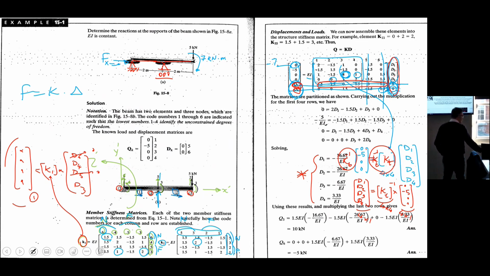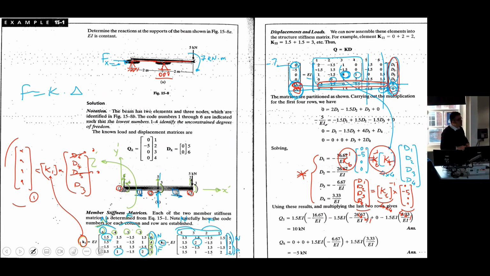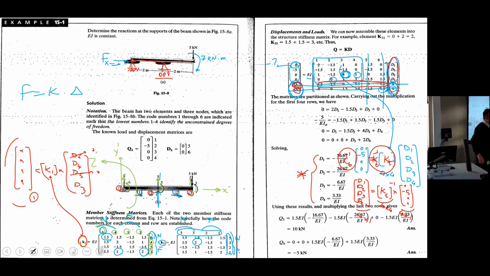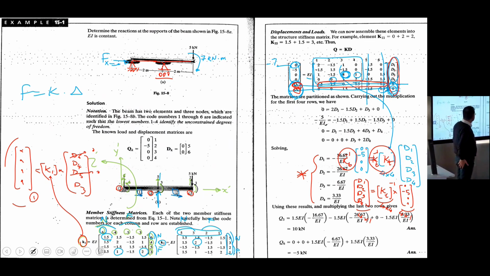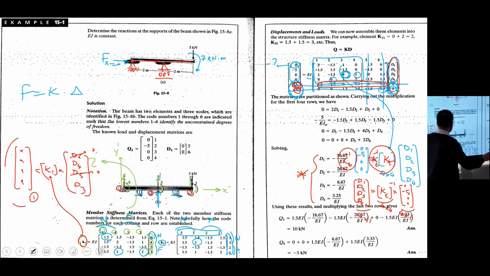Once you solve for D1 or D2, does that give you the answer in radians or degrees? Good question.